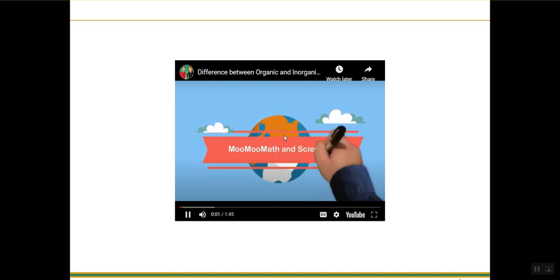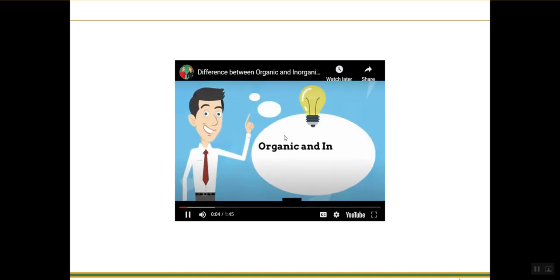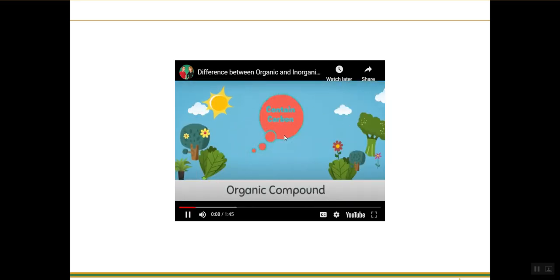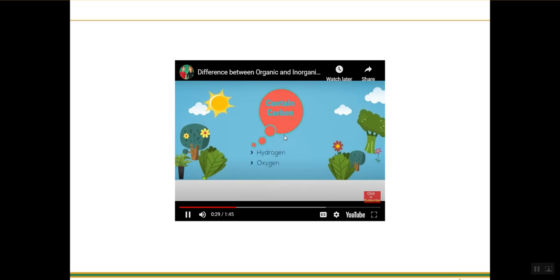Welcome to Moo Moo Math and Science. In this video, I'd like to talk about organic and inorganic compounds. Many of the compounds found in living things contain the element carbon, which is usually combined with other elements. This large class of chemical compounds, in which one or more atoms of carbon are covalently linked to atoms of other elements, and most of the times it's hydrogen, oxygen, or nitrogen, are called organic compounds.